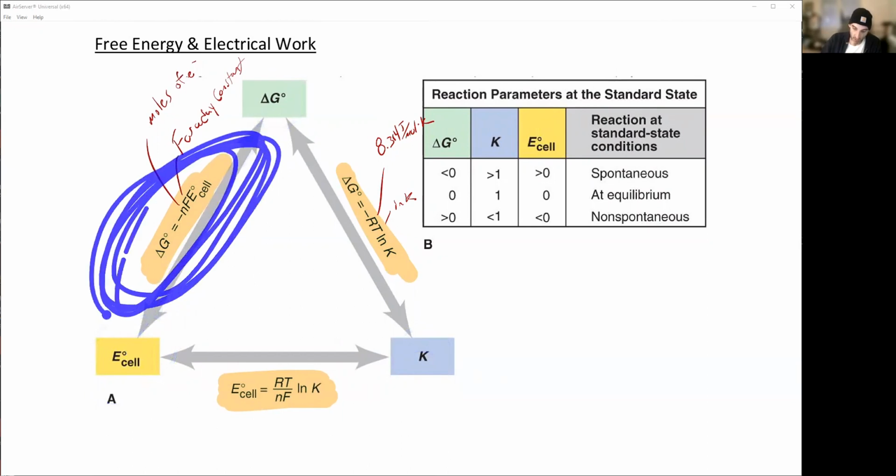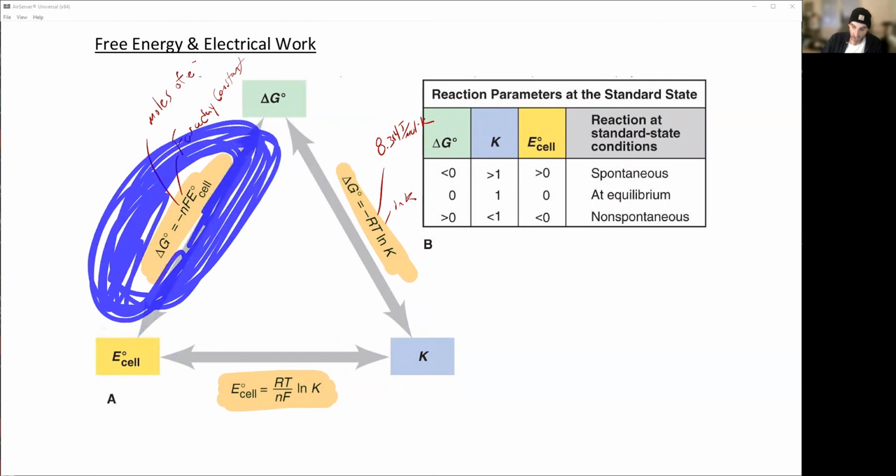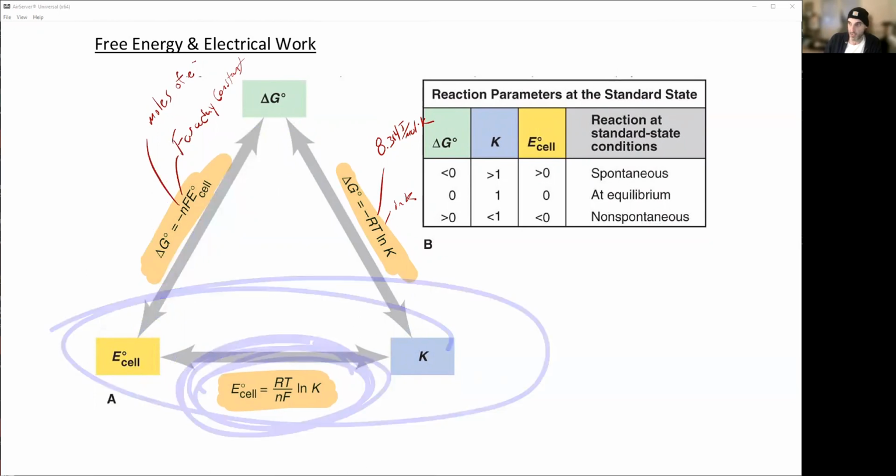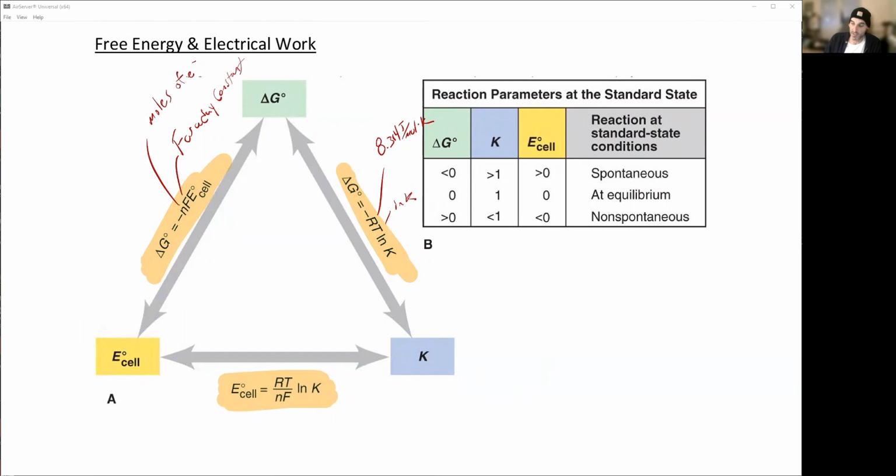So we can figure out the Gibbs free energy based on the E cell. And finally, E cell and K are linked through that equation. So all of these are linked. By the way, these are under standard conditions: 1 molar, 1 atmosphere, so same pressure and all that.